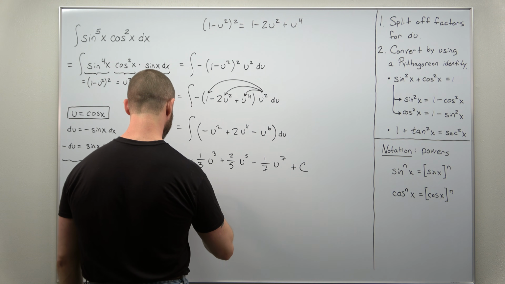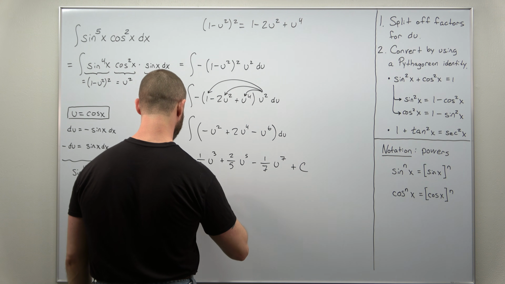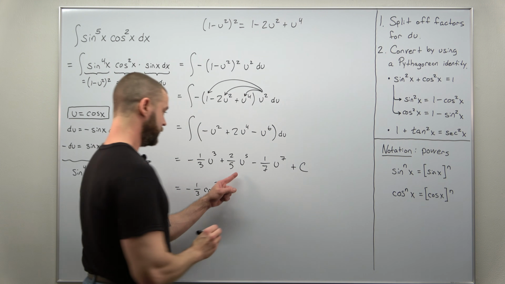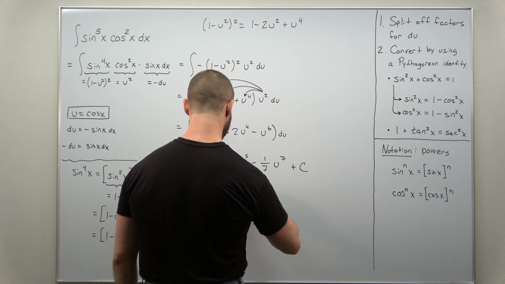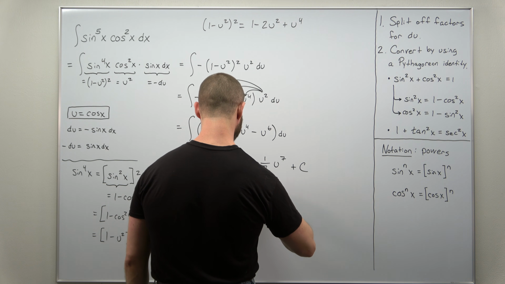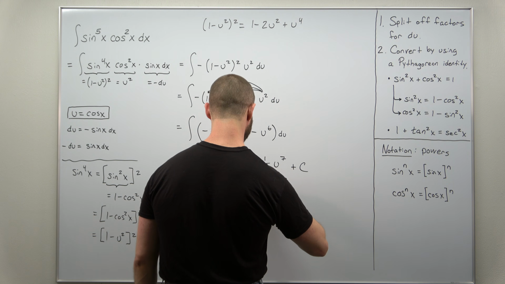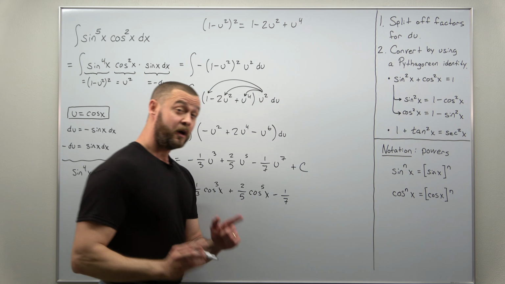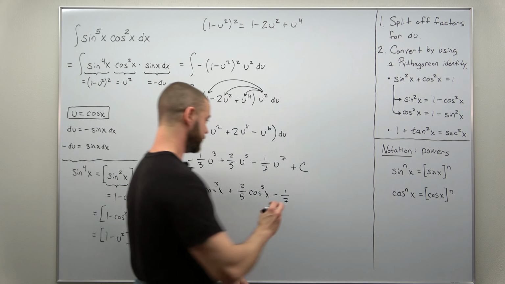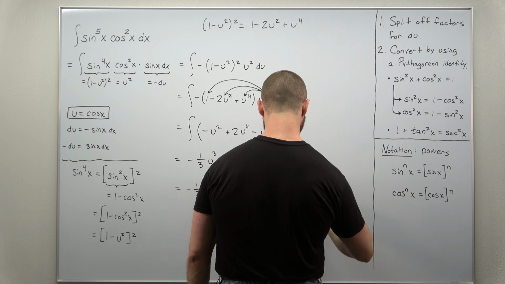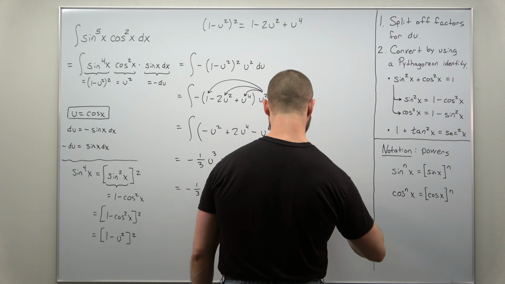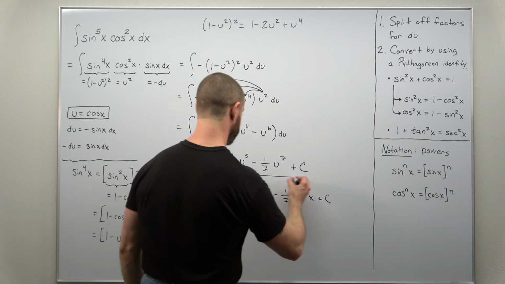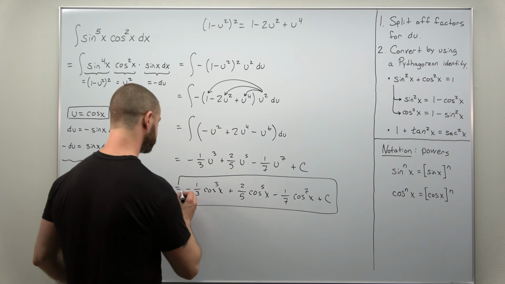So if we write it down, we'll get minus 1/3 cosine cubed of x plus 2/5 cosine to the 5th power of x, and then minus 1/7 cosine to the 7th power of x. And that is our antiderivative for this trigonometric integral.